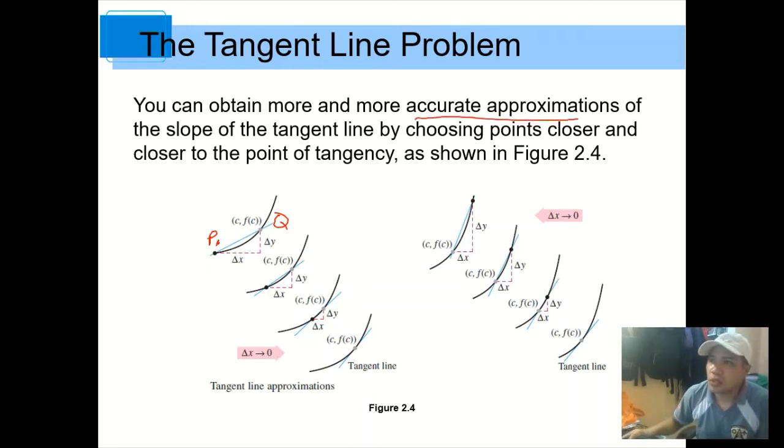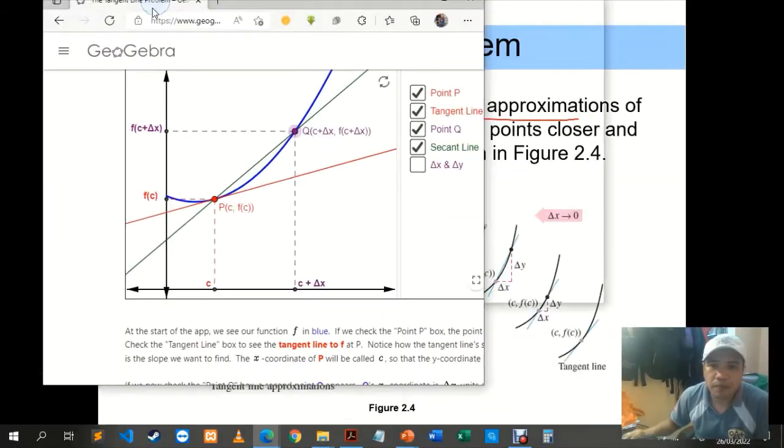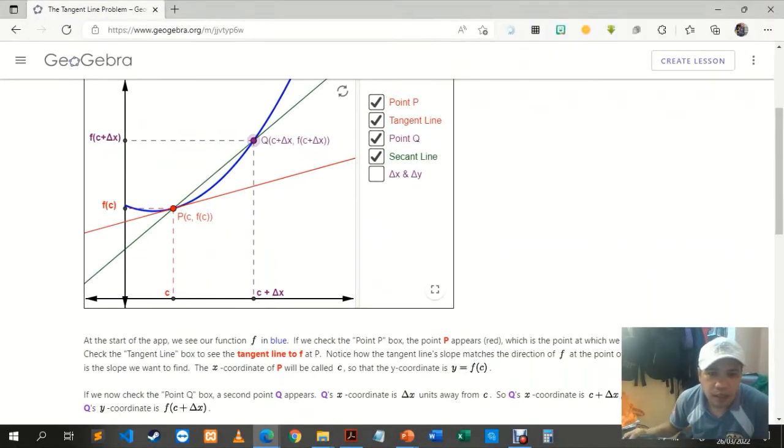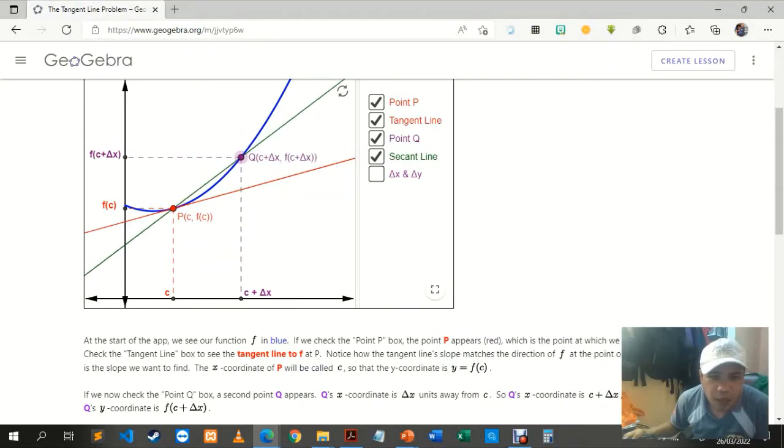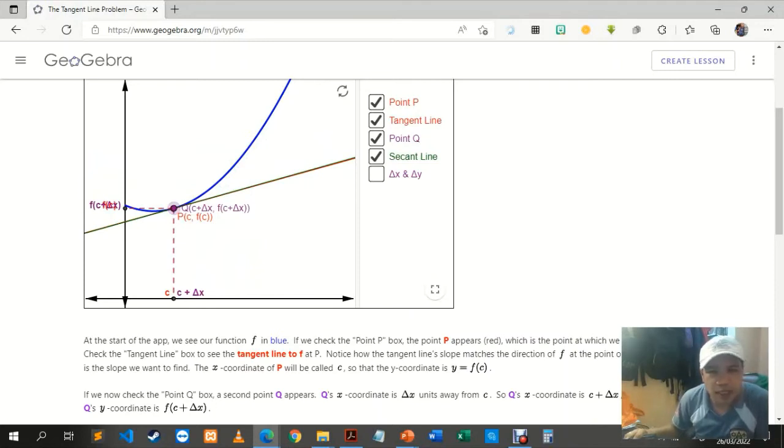Of course, we cannot put point Q exactly on point P because dividing by 0 is undefined. So, the closer they are, the more accurate our approximation of the tangent line. Okay?